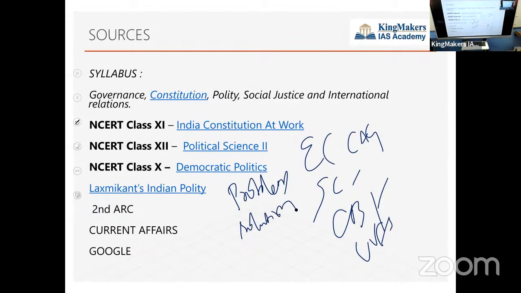So basically what am I doing? I'm doing a SWOT analysis. Just write it down: strength, weakness, opportunities and threats.